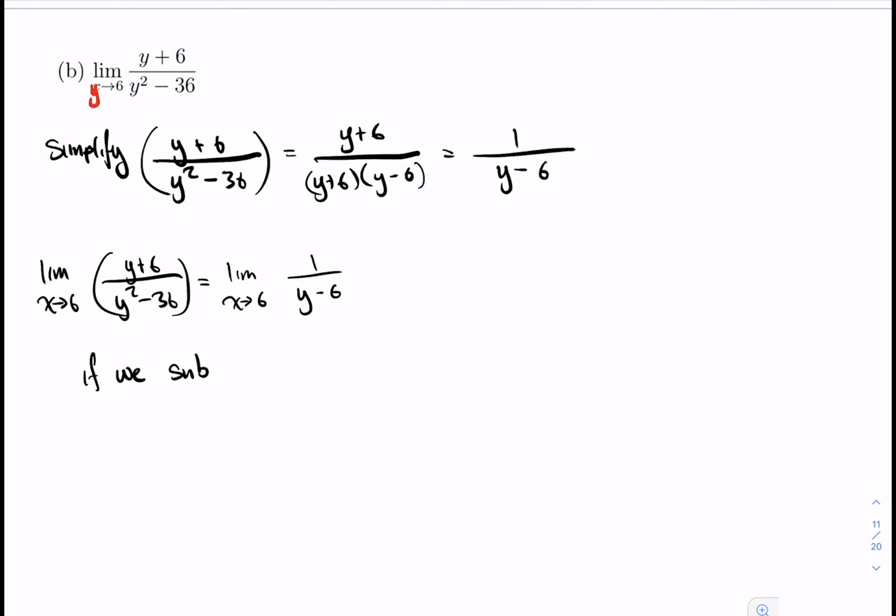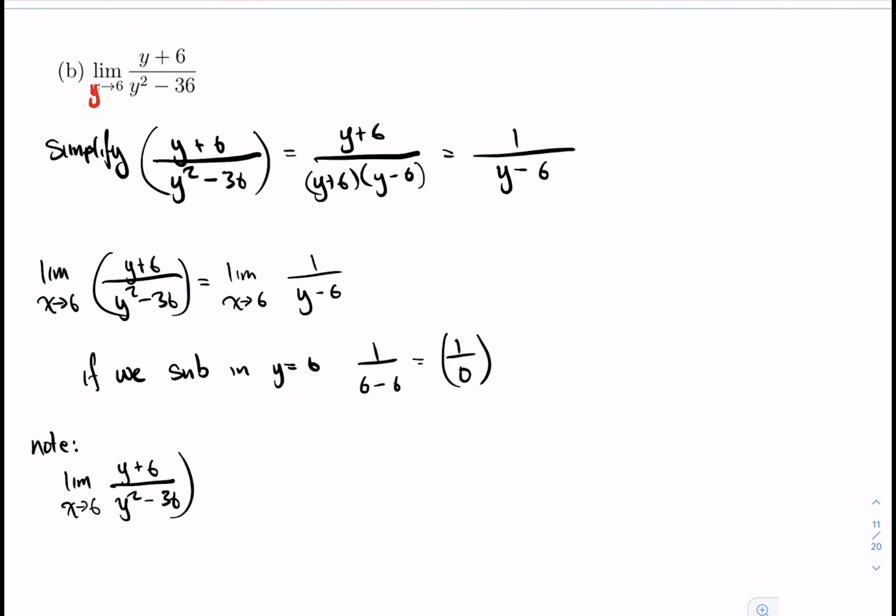Notice that if I sub in y equals 6, we end up with 1 over 6 minus 6, which is equal to 1 over 0. So note the limit as y approaches 6 of y plus 6 over y squared minus 36 is similar to the limit as x approaches 0 of 1 over x.